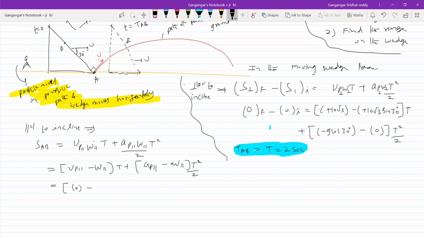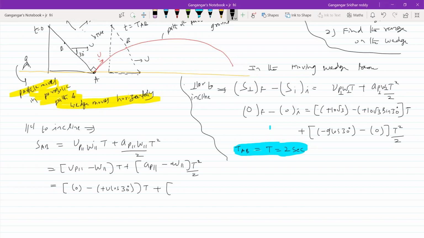I'm taking this direction as positive. So this should be velocity, this should be u, plus time of flight. Okay, then a parallel, acceleration of particle parallel to the incline.